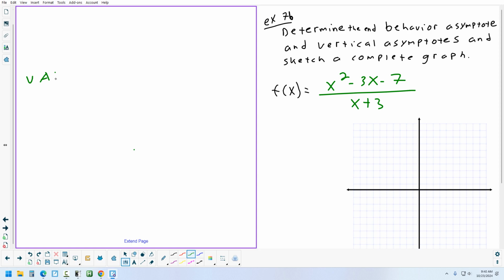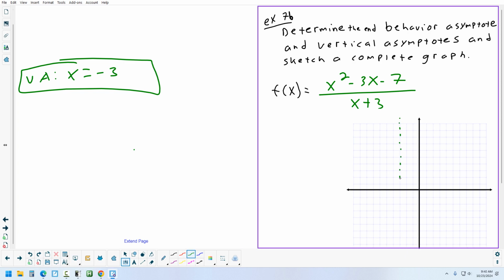Yep, starts out with x. And in this case, it would be x equals what number? Negative 3. Perfect. Well, let's put in your vertical asymptote. Now they want the EBA. How do we find the EBA?